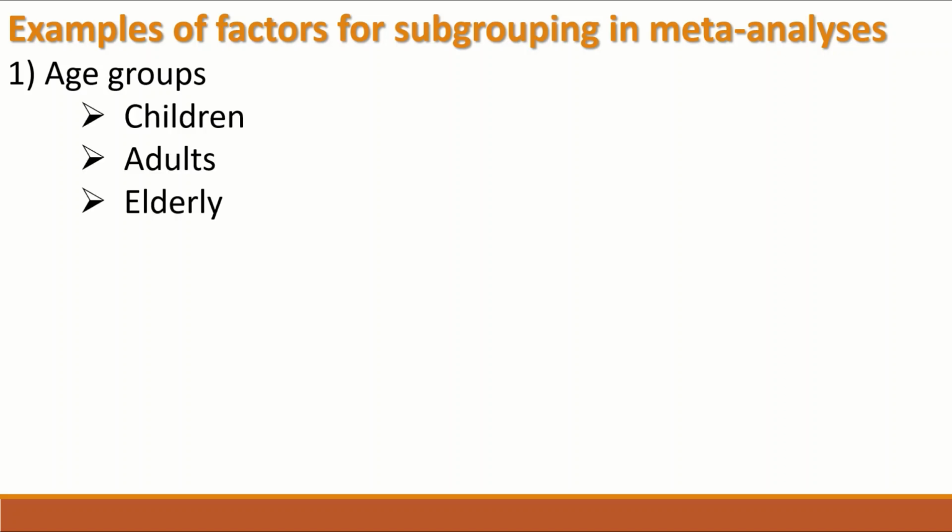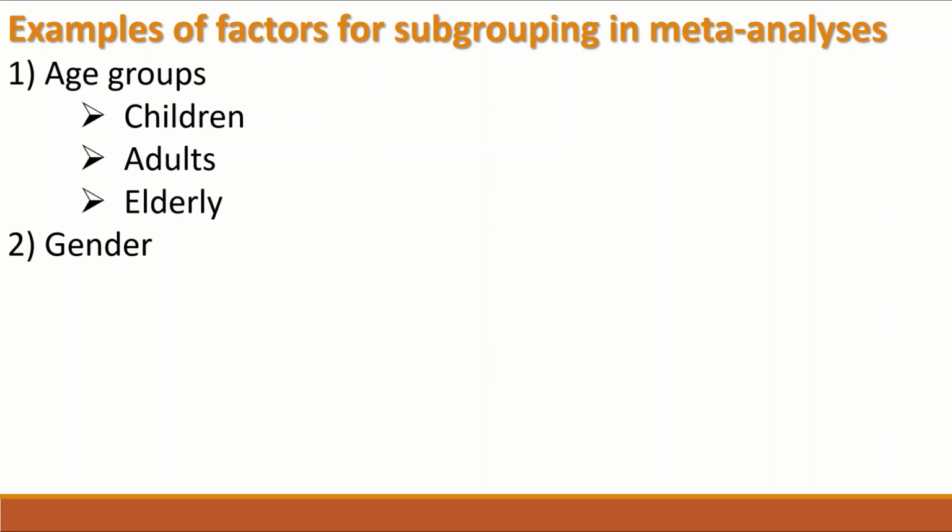One of the examples to perform subgroup meta-analysis is to include a variable such as the age of individuals that are sectioned into children, adults, and elderly, and subgroup meta-analysis can be performed for the children, adults, and elderly, and then the output is compared to find whether there is a difference between the three subgroups.